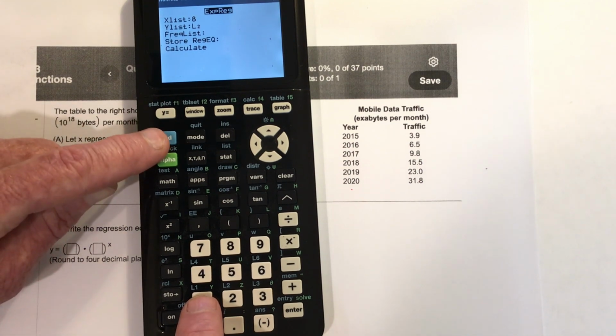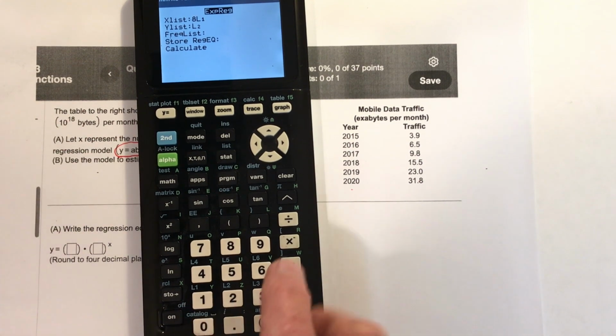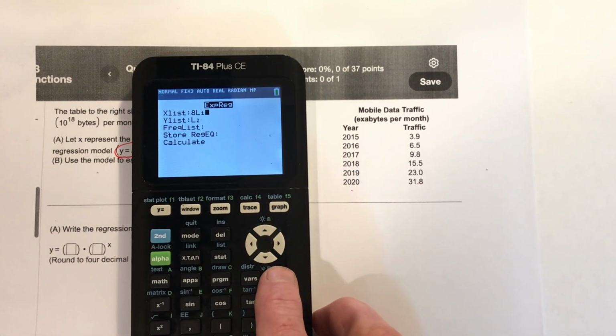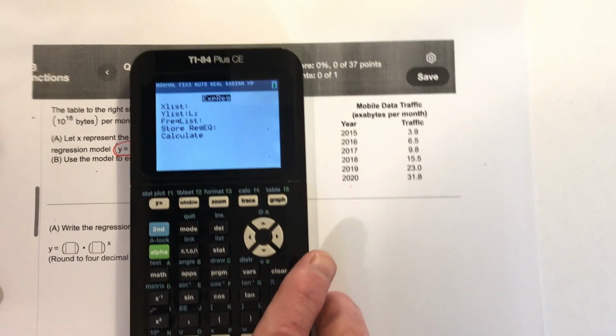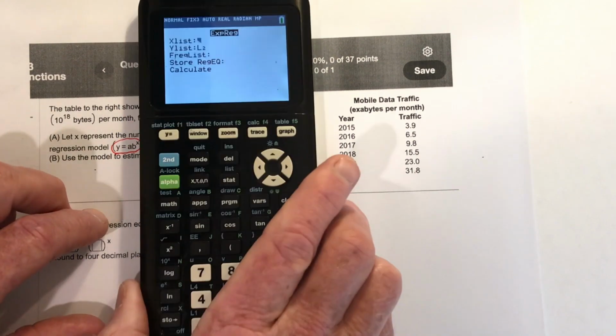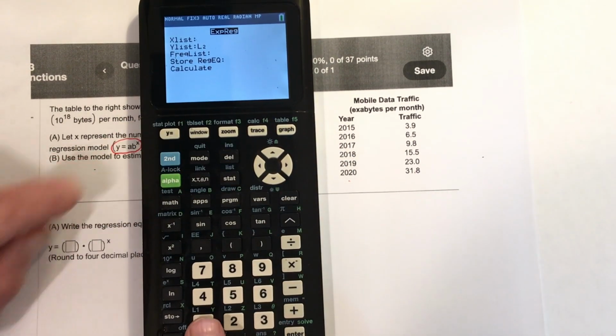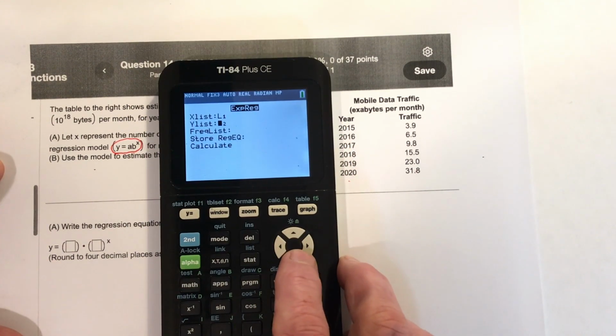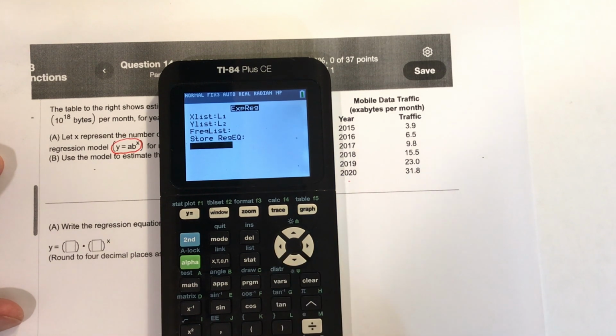So I then have to put second L1. And then that 8 is going to mess it up. So I should have actually cleared it out first and then put second L1. And then this needs to be L2. And everything else you could leave blank, just go down to calculate.